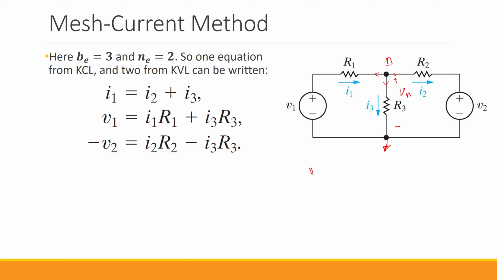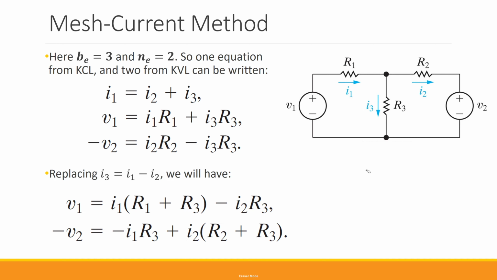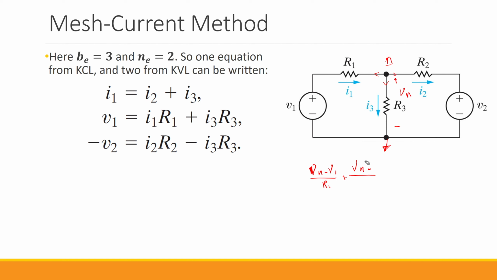So we have Vn minus V1 over R1 plus Vn over R3 plus Vn minus V2 over R2 equals 0.